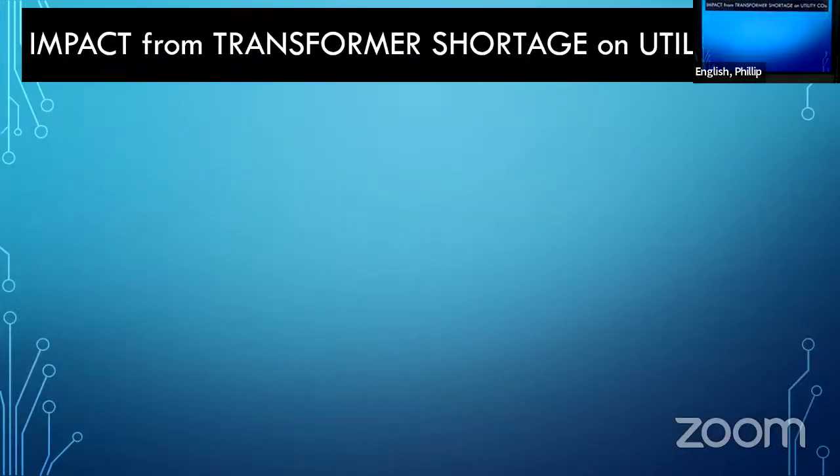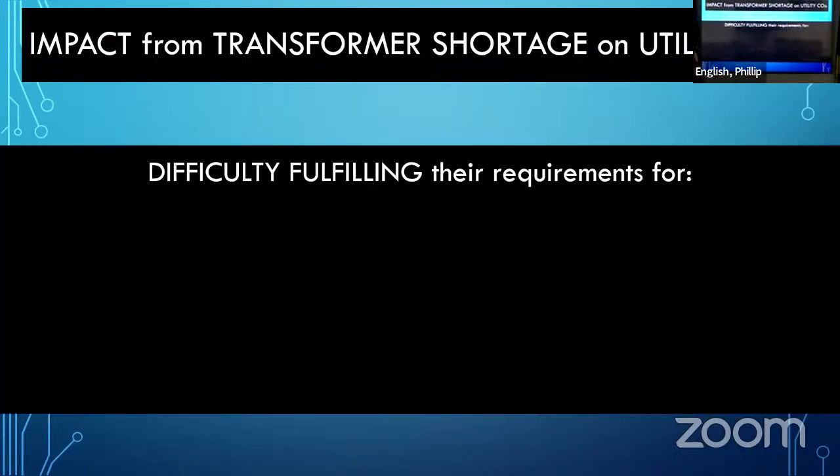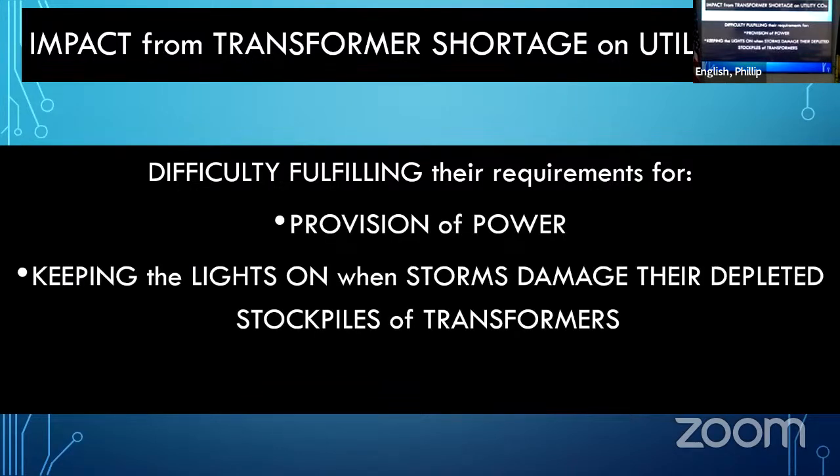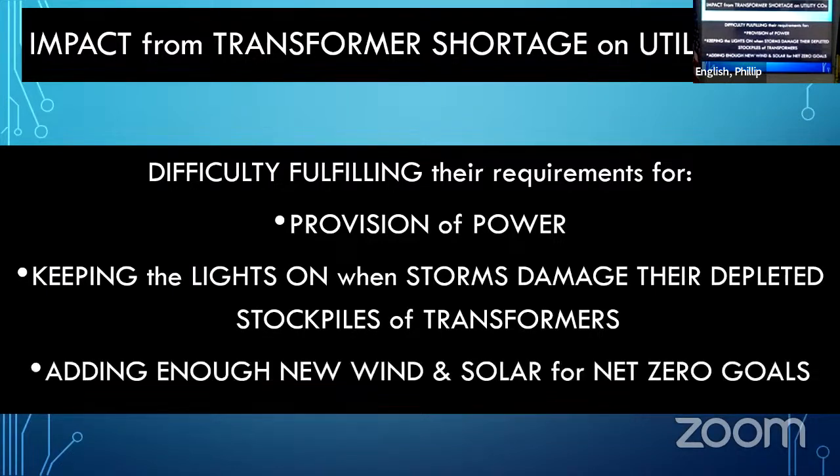Impact from transformer shortages on the utility companies. They are having difficulty fulfilling their requirements for provision of power, for keeping the lights on when storms damage their depleted stockpiles of transformers, and the requirement for adding new wind and solar for net zero goals.